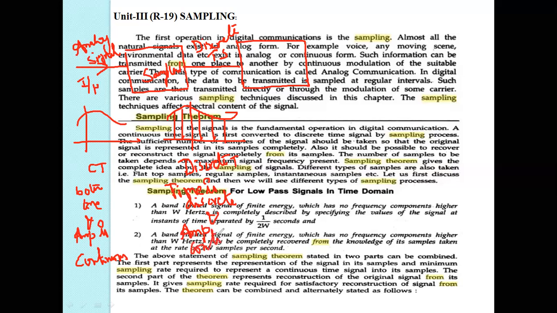My dear students, sampling the given analog signal at regular intervals with the sampler gives the discrete time signal, in which time is discrete and amplitude is continuous, whereas in the analog signal both time and amplitude are continuous. After that, the discrete time signal we got is given to the quantizer.